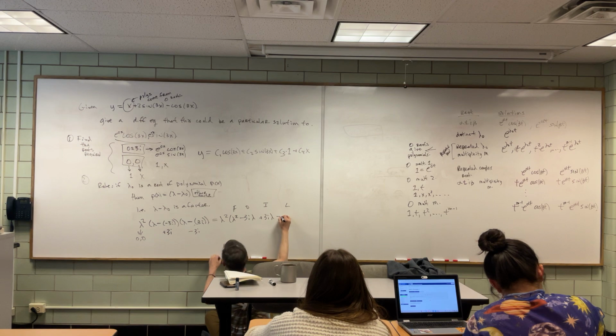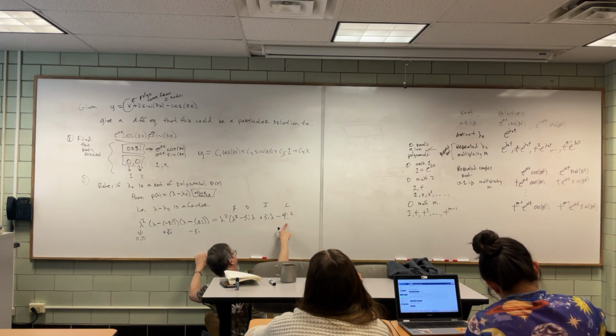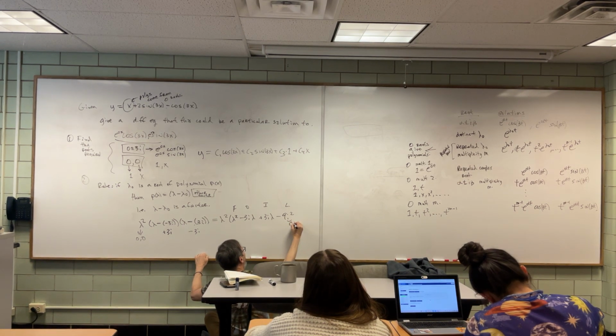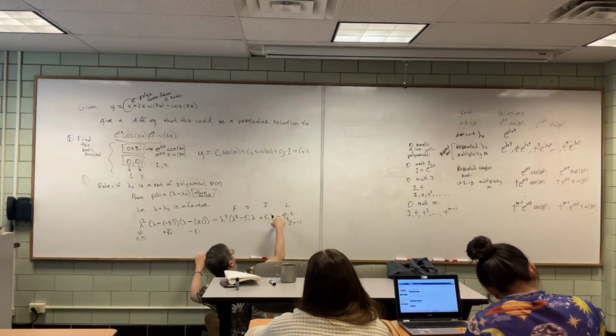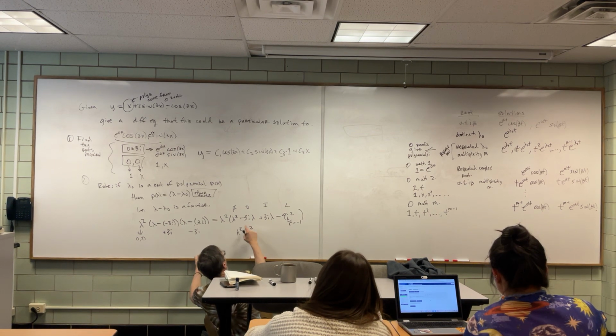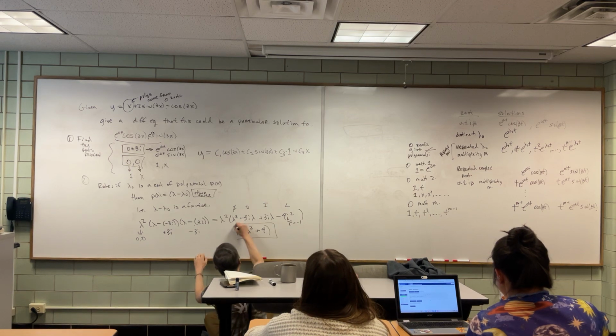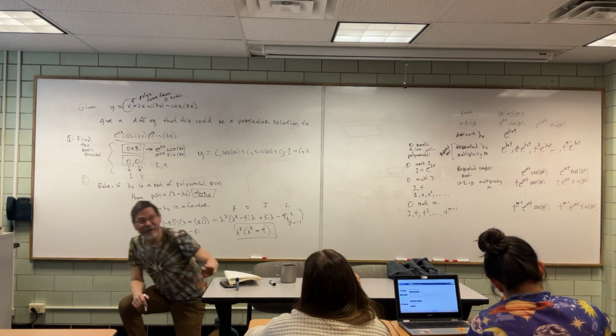So we've got minus 9i squared, but i squared is what? Negative 1. So this becomes plus 9. So my polynomial is going to be lambda squared times lambda squared, these cancel, plus 9. There's my characteristic polynomial.